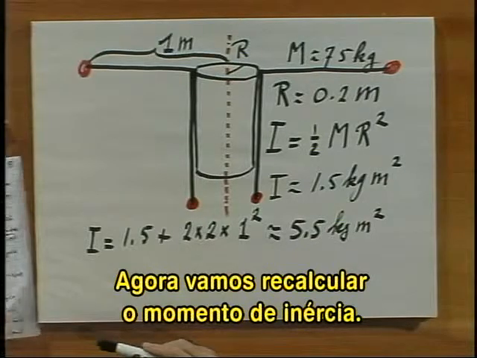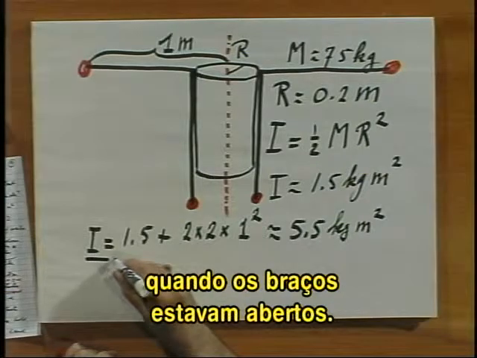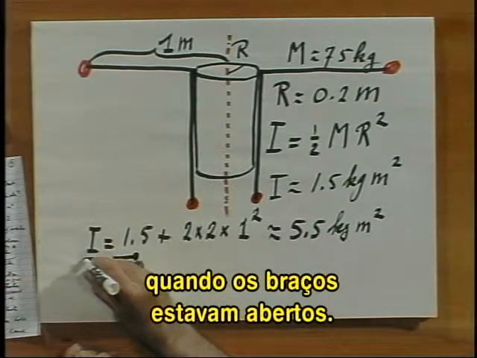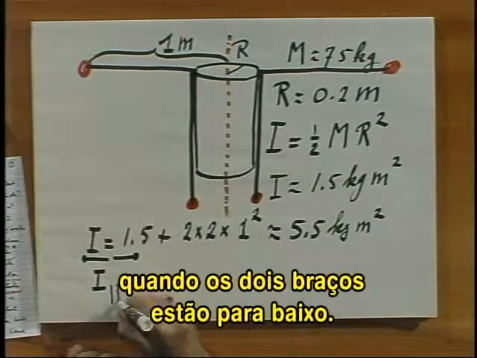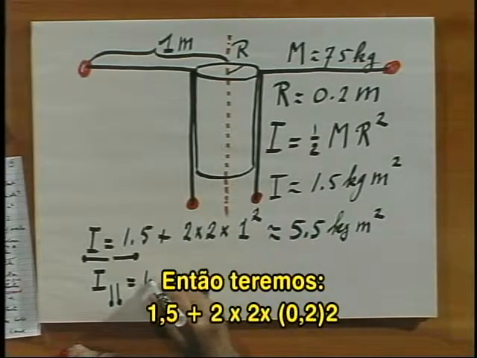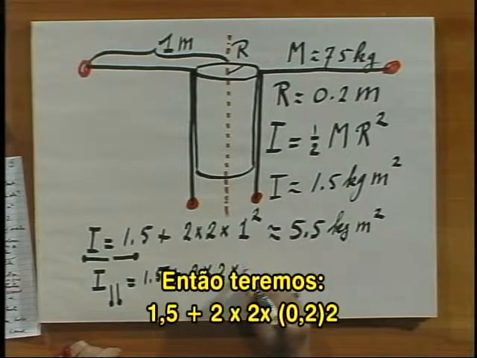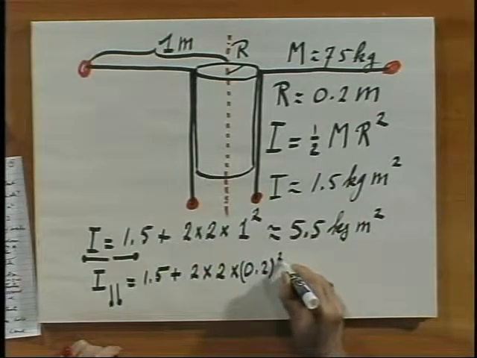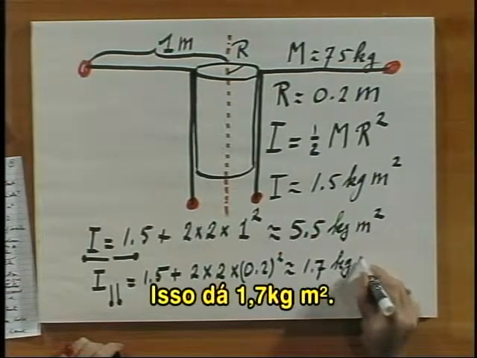So we're going to recalculate the moment of inertia. This was the moment of inertia when the arms were stretched. And now I'm going to calculate it when the two arms are down. So we get the 1.5 plus 2 times 2 times 0.2 squared. And that is about 1.7 kilogram meters squared.